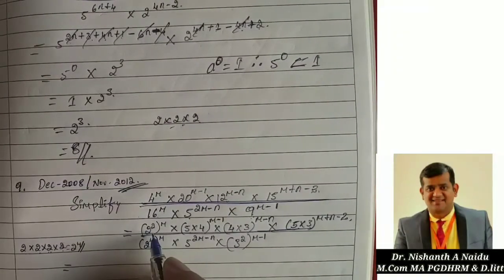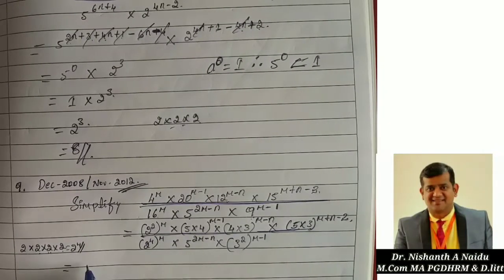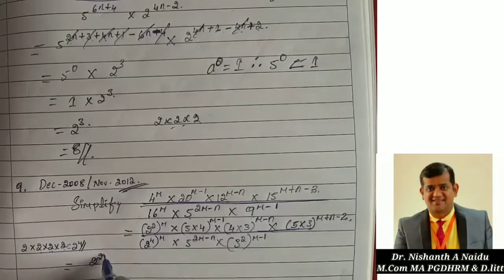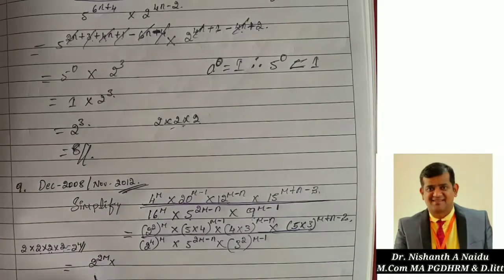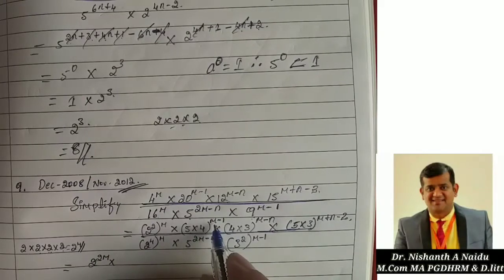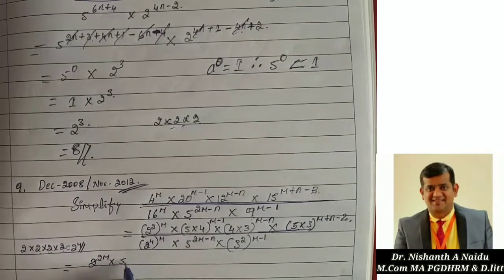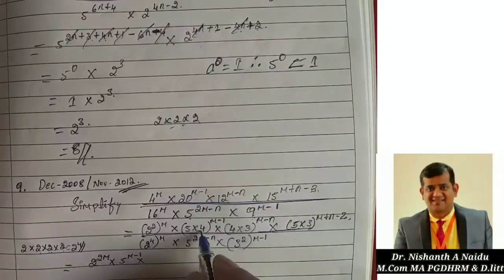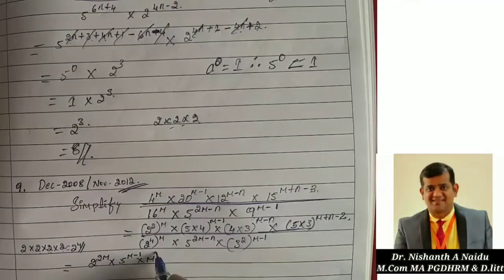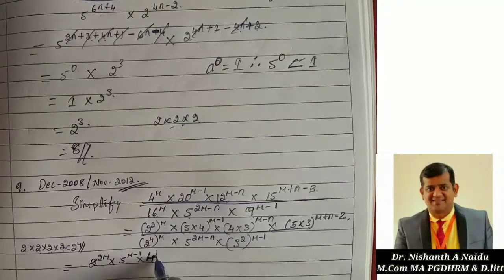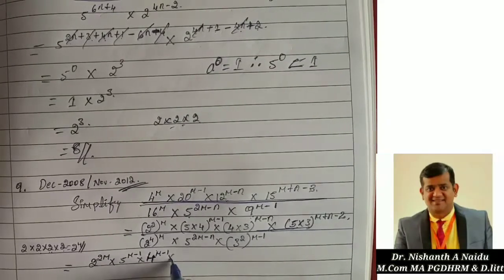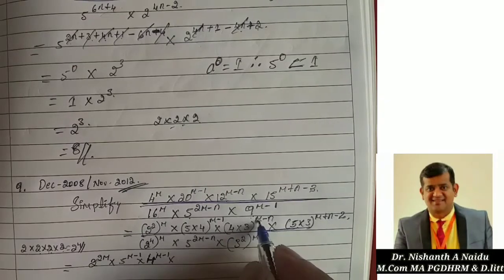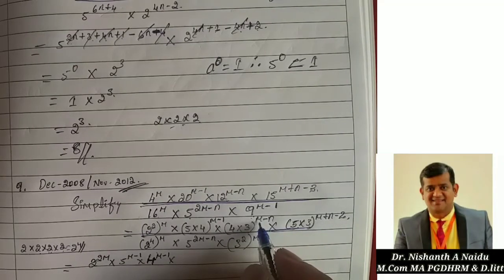That is 2 to the power 2 into m, so that becomes 2 to the power 2m into 5 to the power m minus 1 into 4 to the power m minus 1 into 4 to the power m minus 1 again.